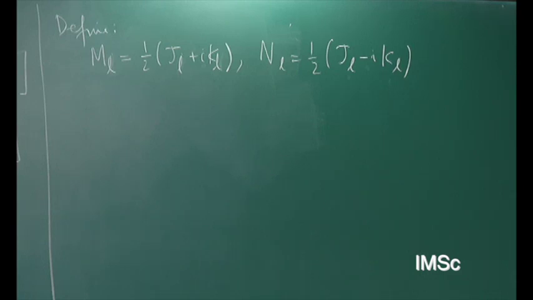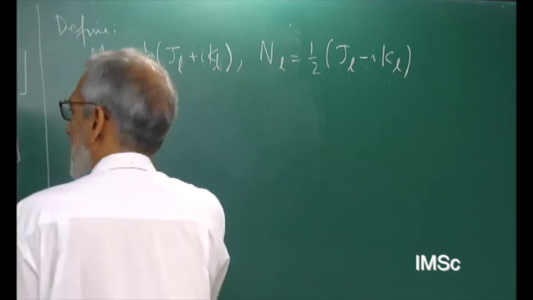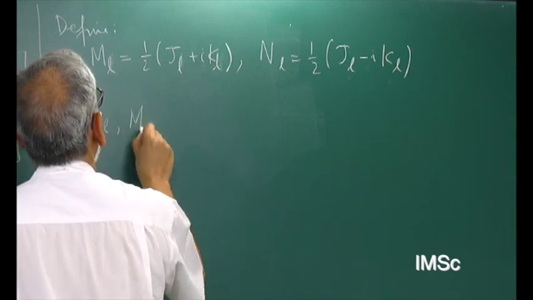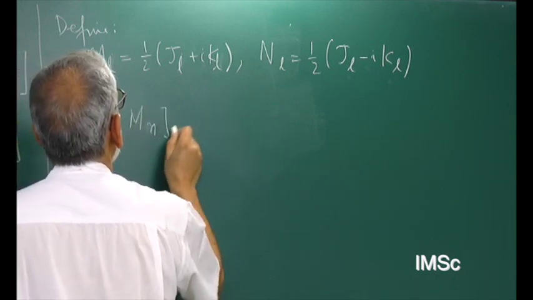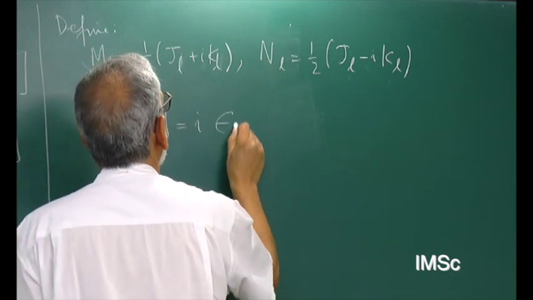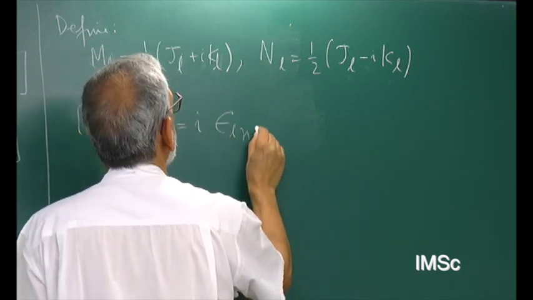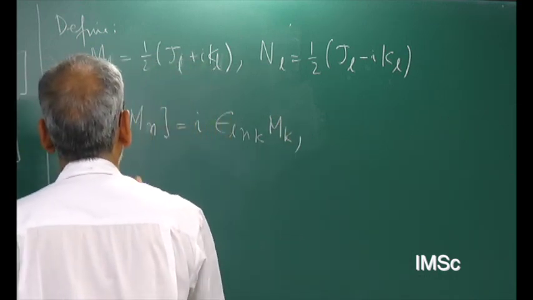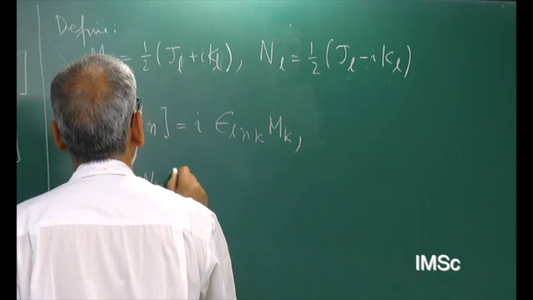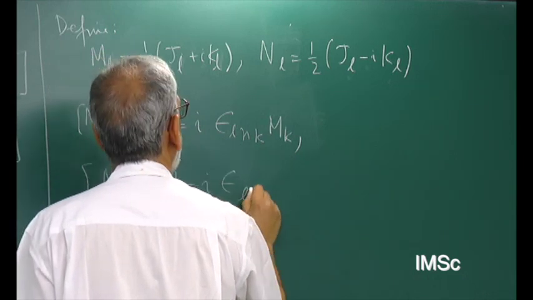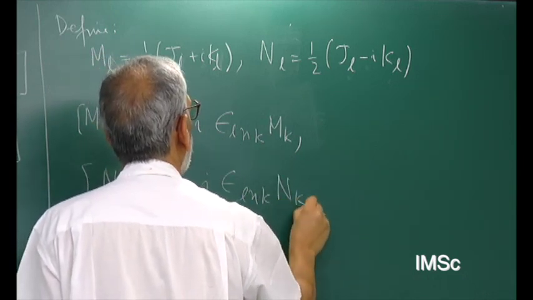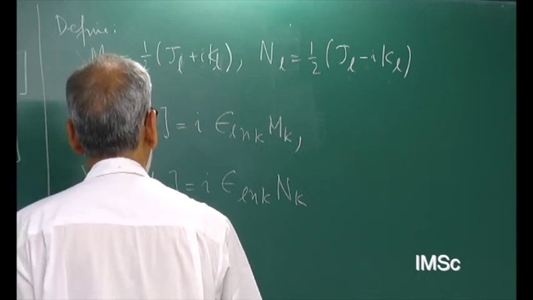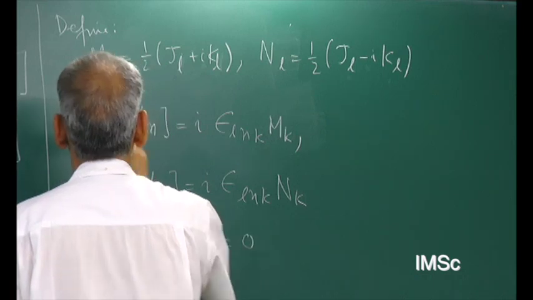Very nice properties they have is that if you rewrite that algebra, verify that ML, MN is i epsilon LNK MK, NL, NN is i times epsilon LNK NK, and ML, NN is 0.